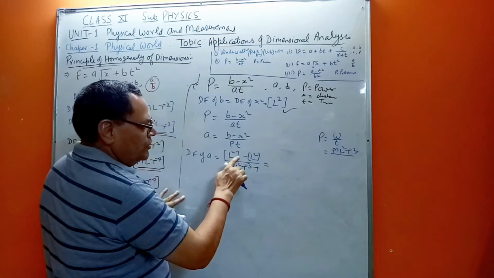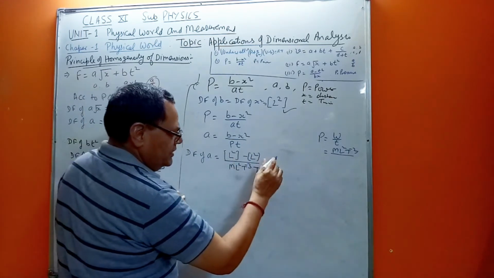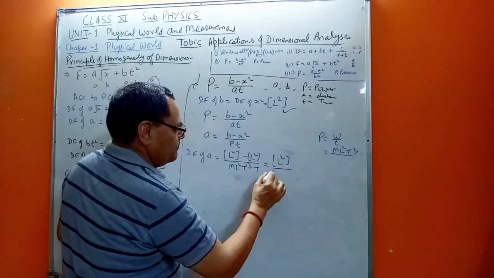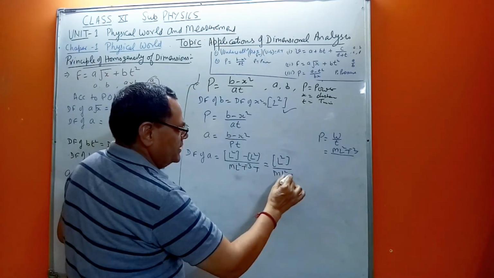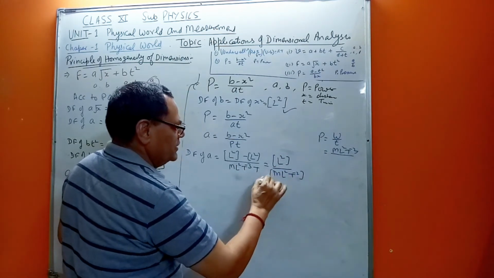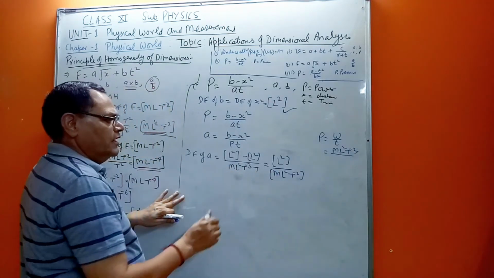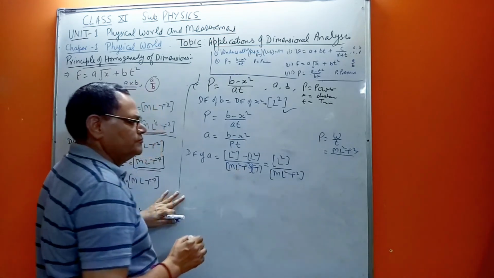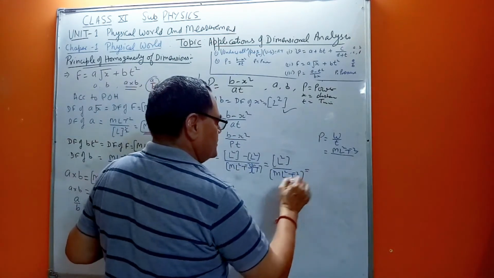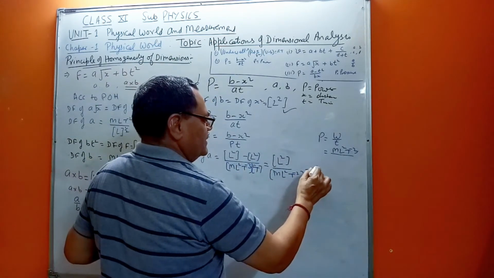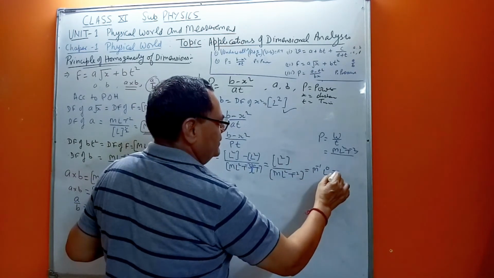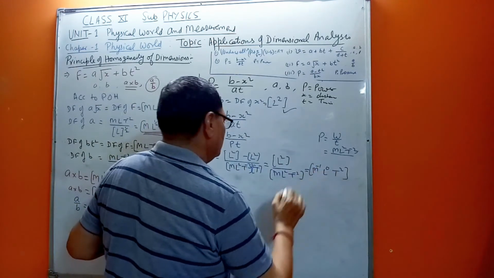Now according to the law or principle of homogeneity, the numerator will become only L square, and here it is ML square and T minus 2 only, because this T is positive. You can write this in a square bracket, that is the standard rule. Then you simplify it: it is M minus 1, and L is getting cancelled, and T positive 2.